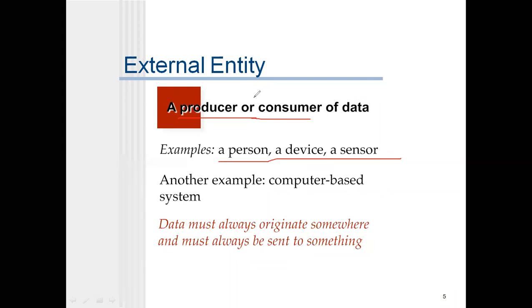A person may give data to a particular program, or a person may enter values into a calculator. So a person may give the data to a laptop or computer or calculator, anything. He may produce or consume, like the device or sensor, anything.